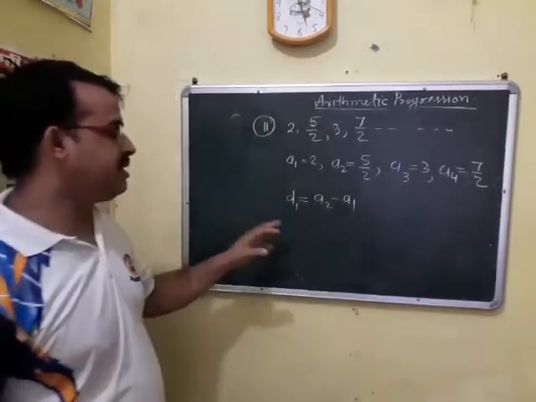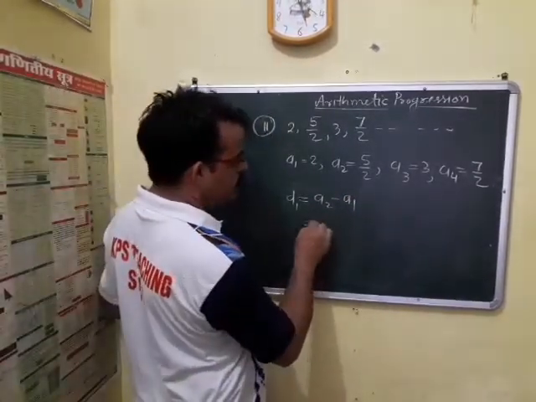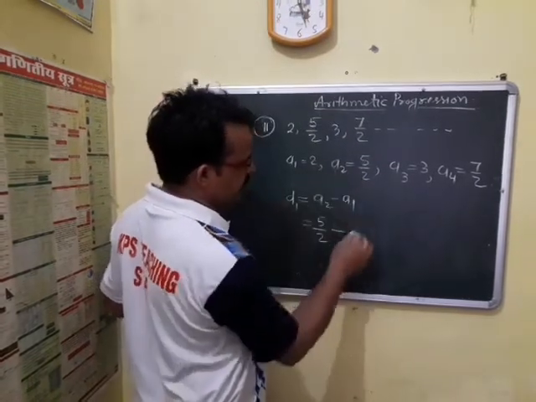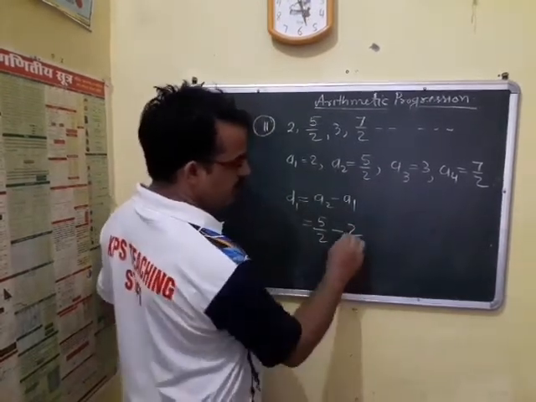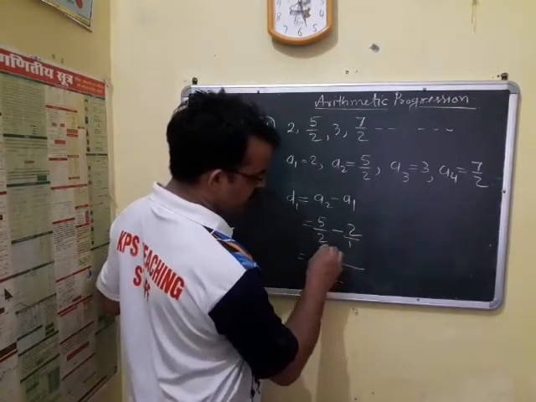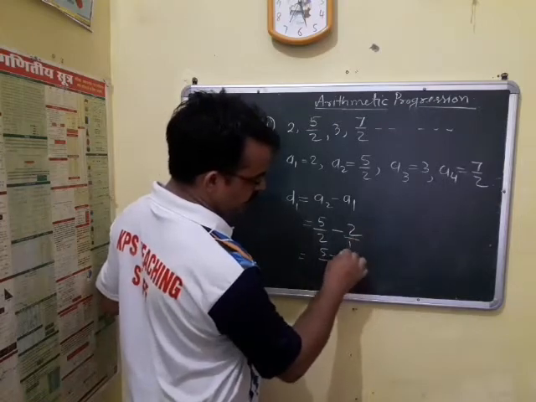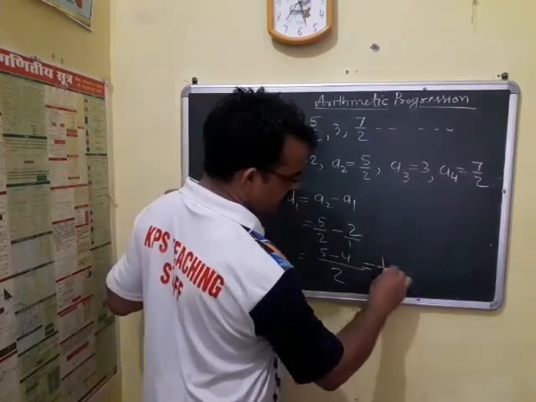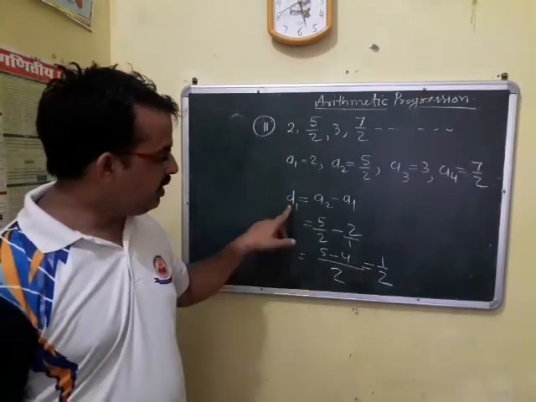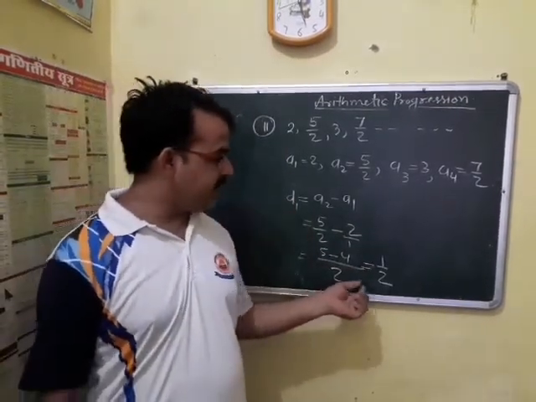A2 is 5 by 2 and A1 is 2. Taking the LCM, we get 1 by 2. So the first common difference D1 is 1 by 2.